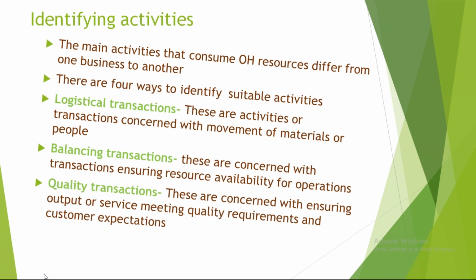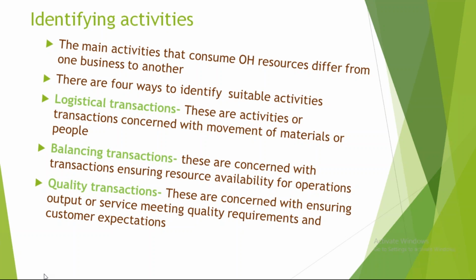Then quality, very important this one. Today in the modern business world, quality has taken priority over cost. The customer has a big choice, and therefore we should be producing quality goods. And that means the quality needs to be examined.